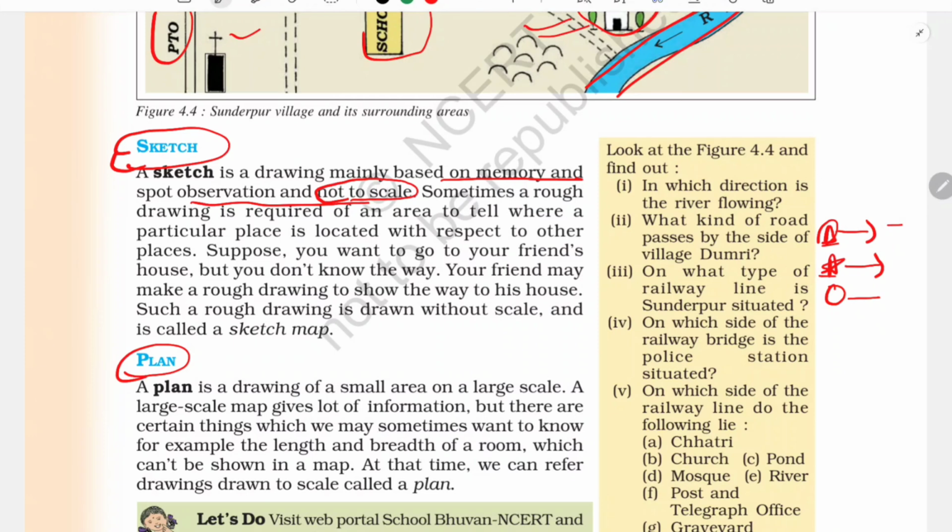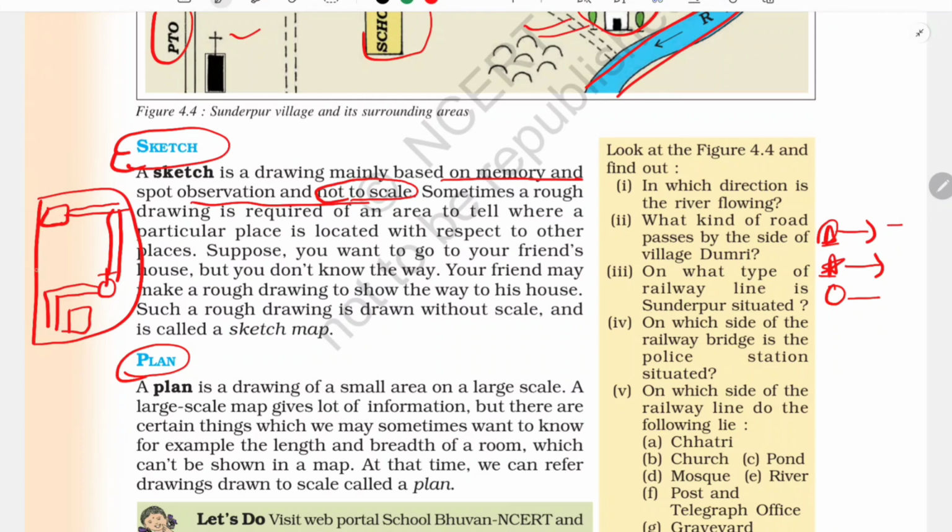But for example, when I am telling you the way to my place from your school, suppose this is a paper and this is the school, and I give you a rough sketch: from school there will be one road, you go along the road and turn towards the south, and there you will find a temple, and from that temple you go along that road and again turn in this direction, and here my house is.